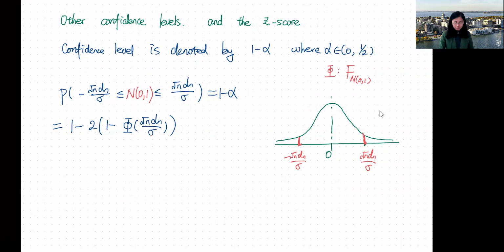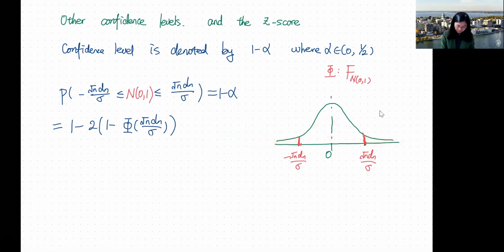Then the probability we want is the probability that the standard normal is in between these two values, so we want this area underneath the standard normal PDF. We know the total area underneath the PDF is 1, because a PDF has to integrate up to 1. Therefore, the probability that we want is 1 minus this small tail area plus this small tail area. If we exclude these two small tail areas, we get the area that we desire.